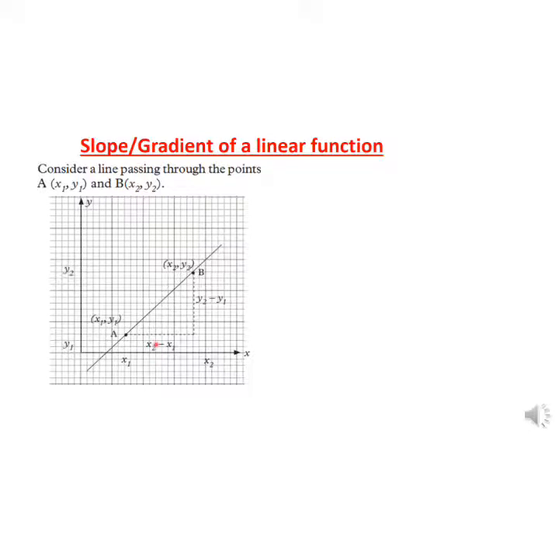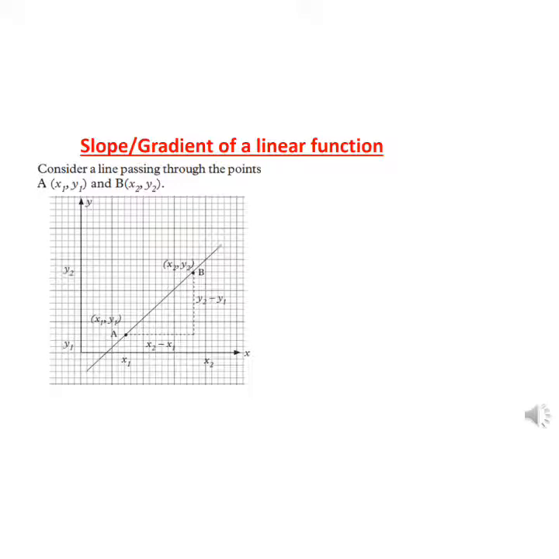So if you are going to find the slope or gradient, you have to find the ratio of the change of y coordinates and the change of x coordinates. Let us show you the formula used to calculate the slope.